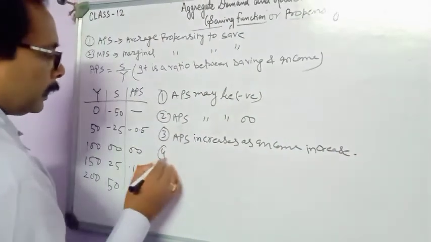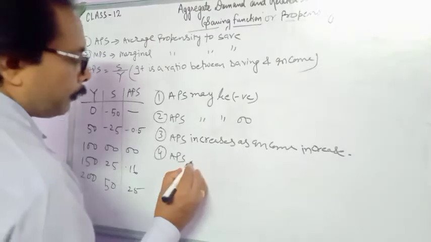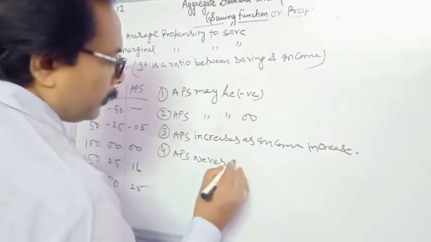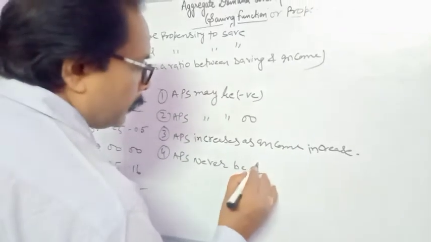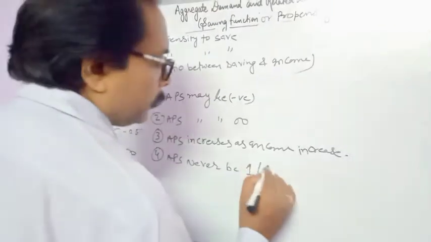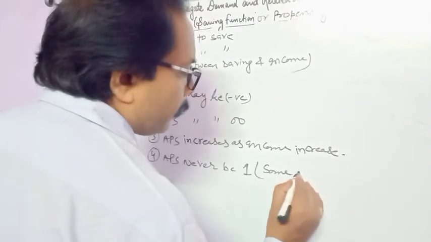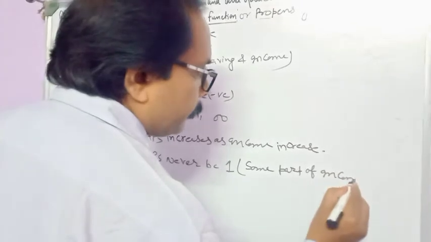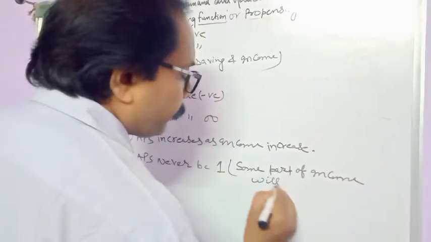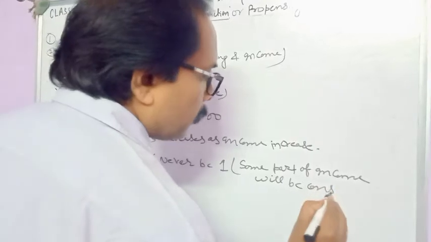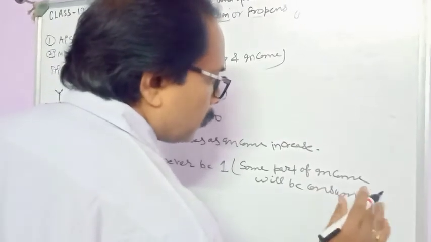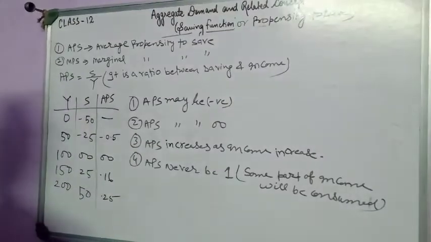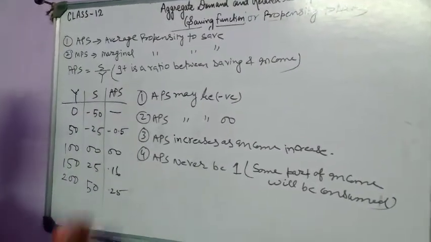Fourth, APS can never be 1, because some part of income will be consumed. Okay, so this is the basic difference.